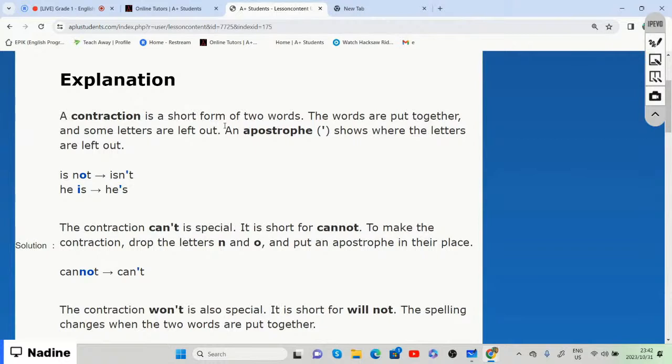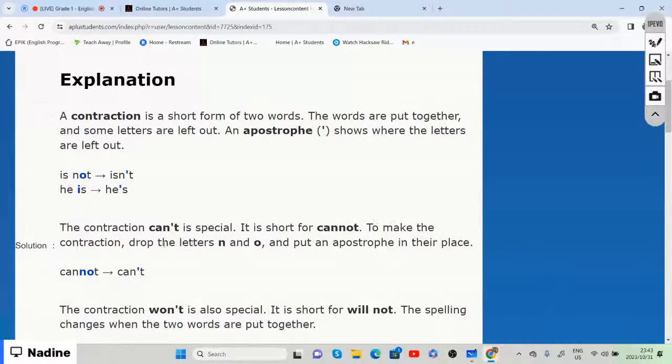So the contraction can't. There we have our examples. If we look at the second example, the contraction can't is special because it is short for can not.